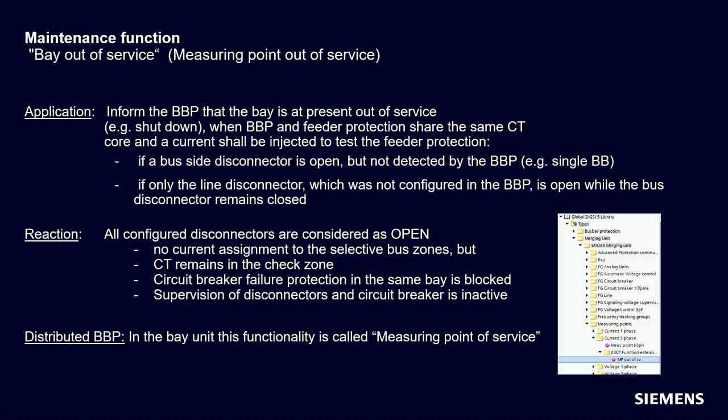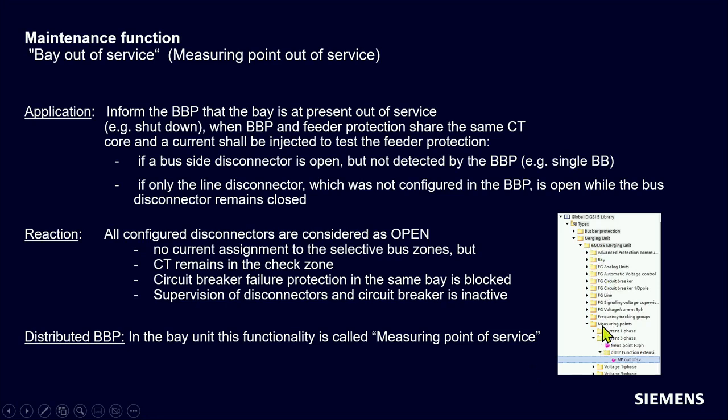In the bay units, as you can use every modular SIPROTEC 5 device as a bay unit for the distributed busbar protection, you have to add this functionality from the library. You will find it under merging unit, and of course also under 7SL86, 7SA87, any modular device. It's every time the same structure.